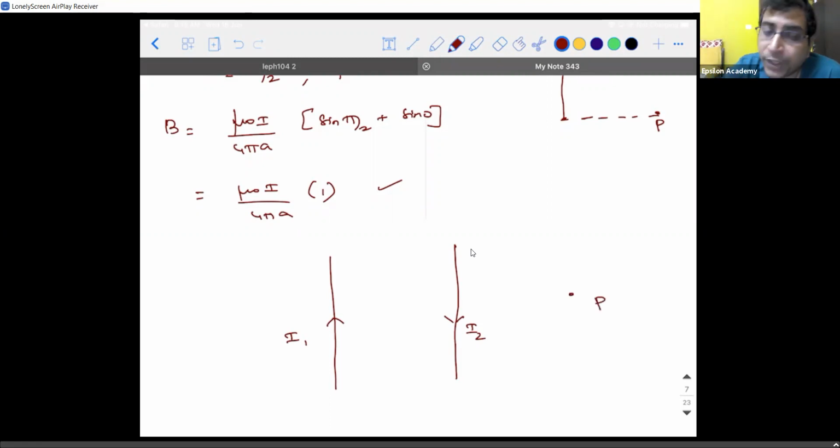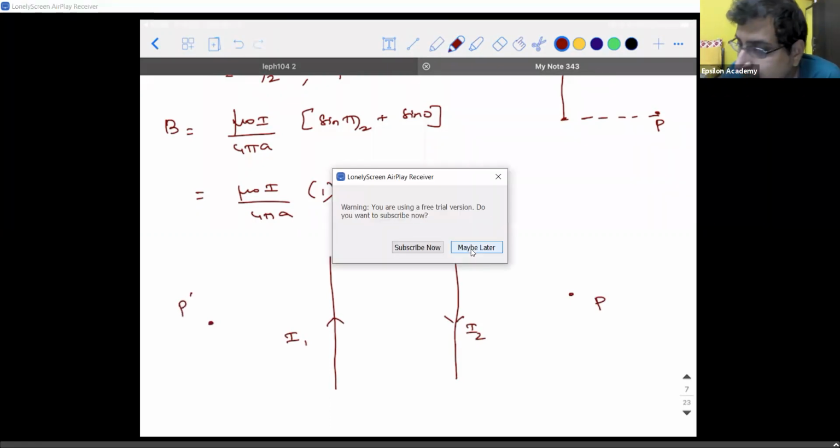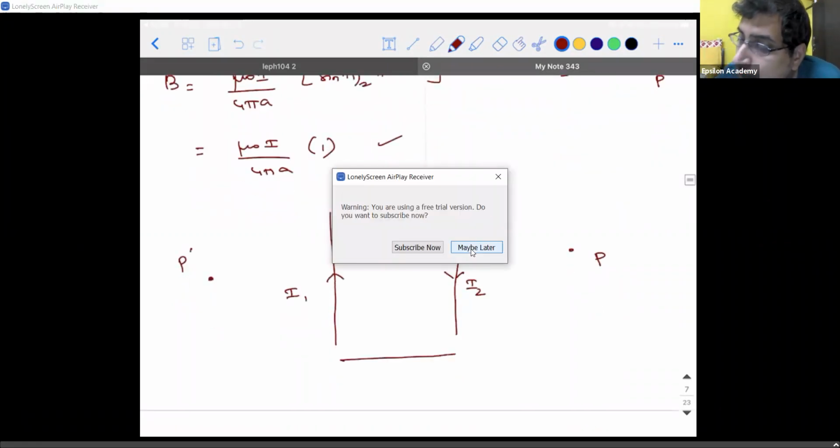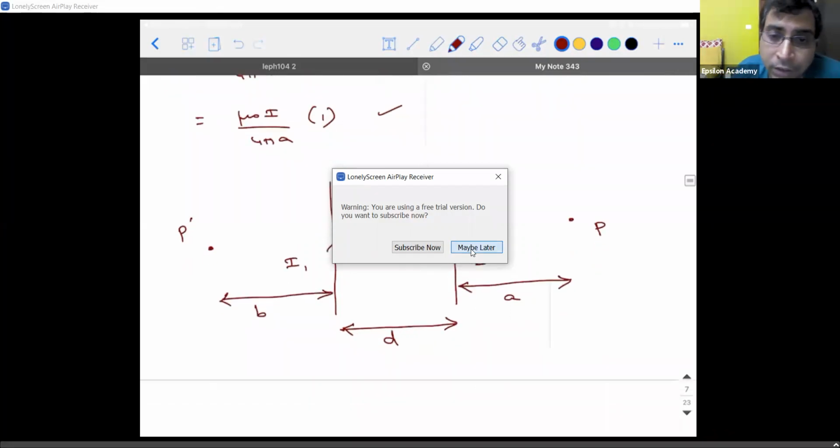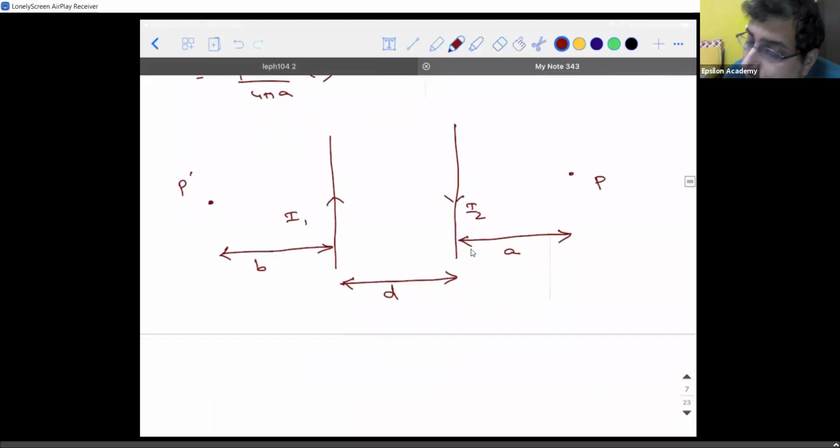I take a point P here and P dash here. Observe, this distance is D, let me call this distance A, and this distance B. My interest of study is to find the magnetic field at point P and at point P dash.